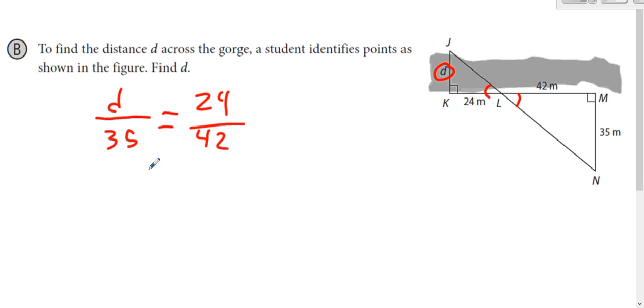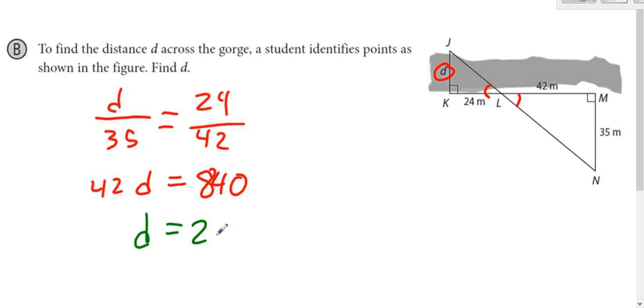So cross multiply, we get 42D equals 35 times 24 is 840. And then divide by 42. So you get D is 20. This was measured in meters, so 20 meters.